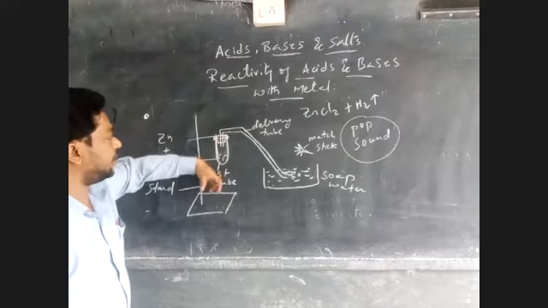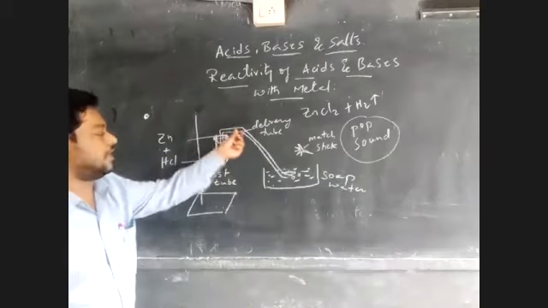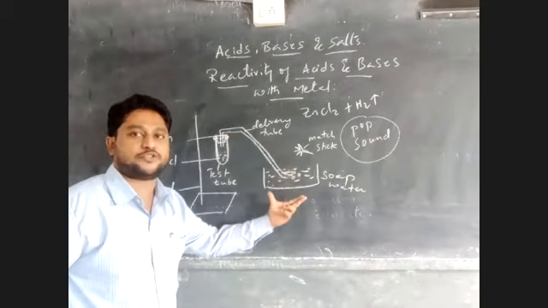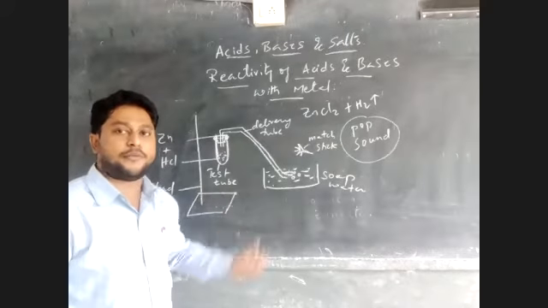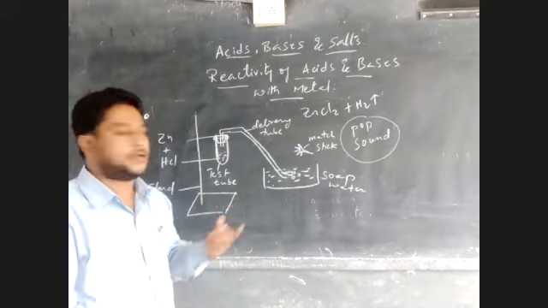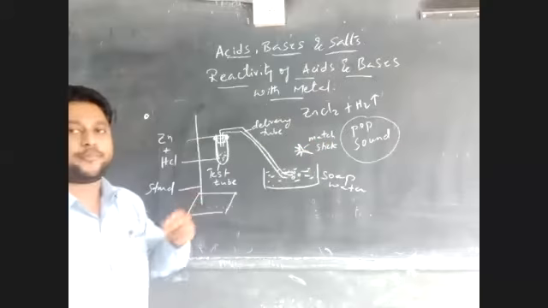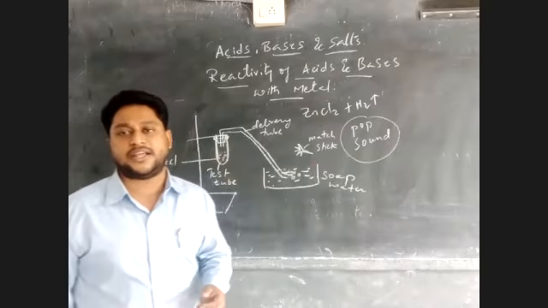We close it with a rubber cork fitted with a delivery tube, and the other end is placed in the soap water. After some time, I notice the formation of bubbles in the soap water. When I bring a burning matchstick, I hear a pop sound, and that pop sound is due to the evolution of hydrogen gas.